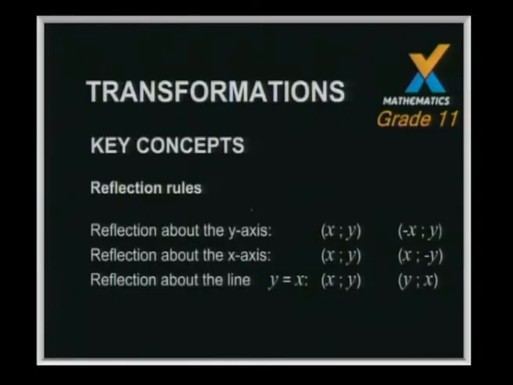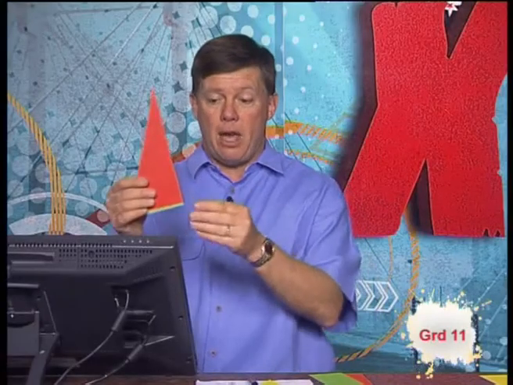Now, what's actually happening? Let's have a look at that algebraically. Around the y-axis, we have that (x, y) becomes (−x, y). Let's look at that with our cardboard cutout again. There was our triangle, and what is happening is the x values are changing.